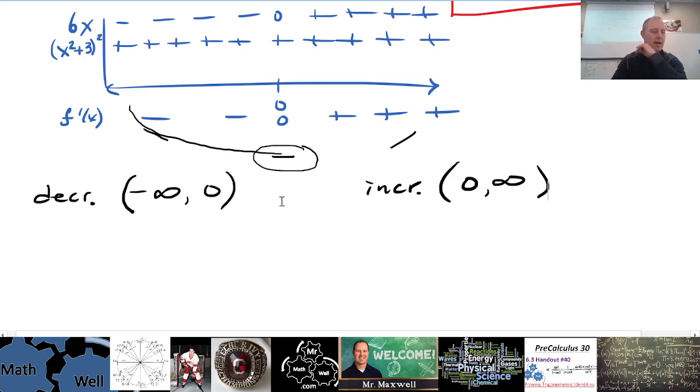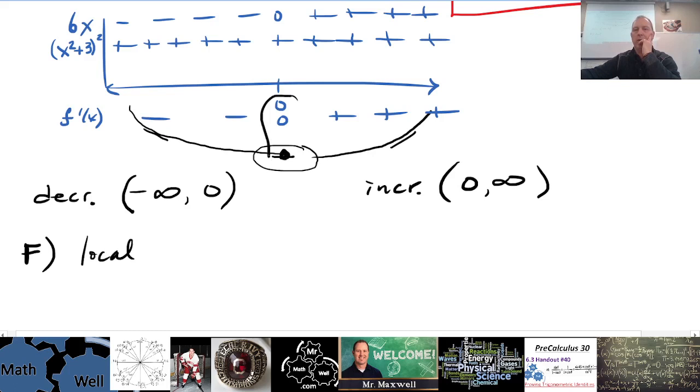Okay. So F is the local max and min now. According to this sign analysis here, the derivative goes from negative through 0 to positive. So that represents a local what? What is this point here at 0? It's a local minimum, right on.